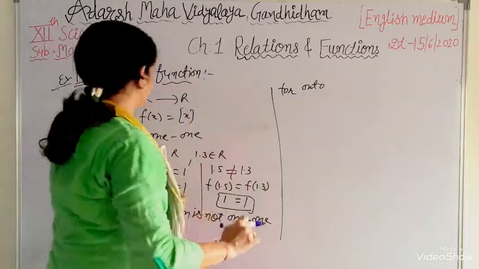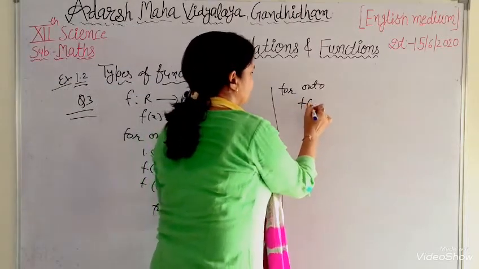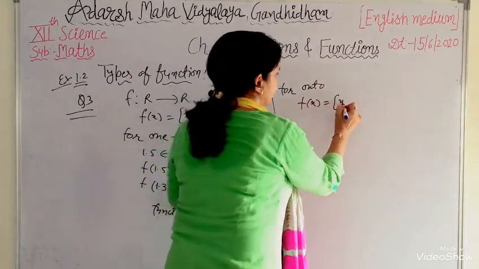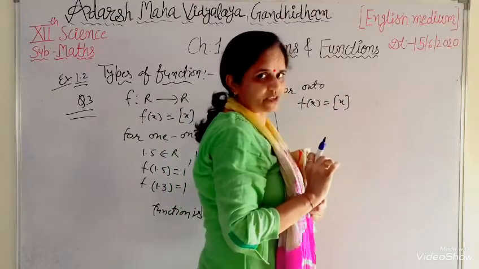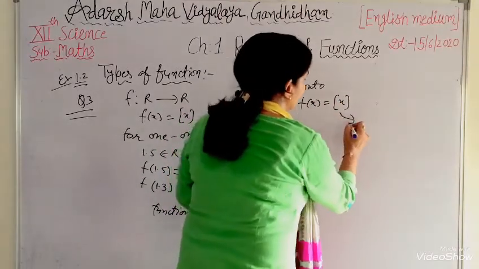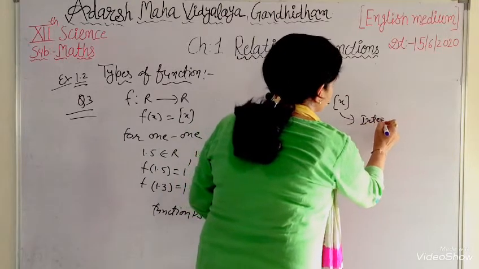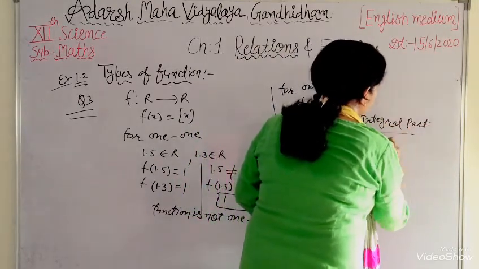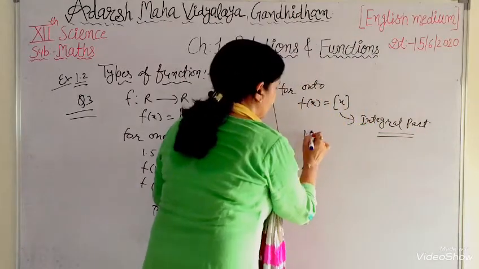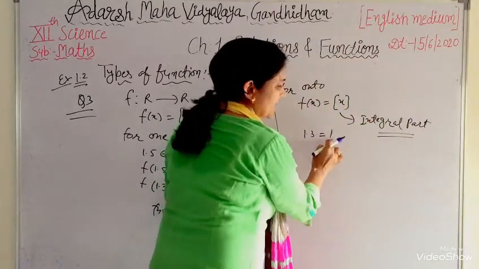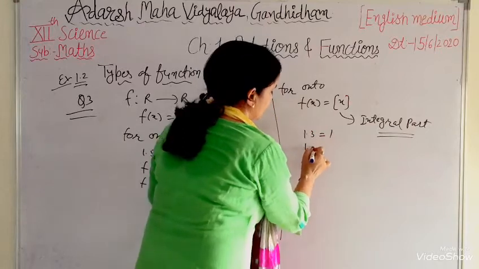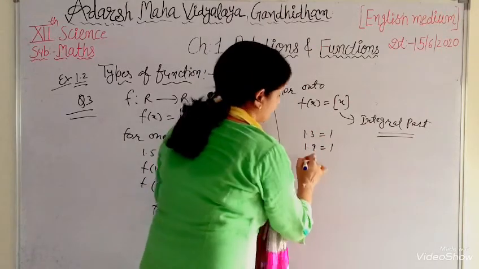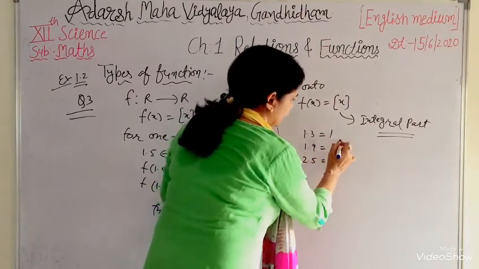For onto, here f(x) is the greatest integer function, so it always gives the integral part of a number. The integral part of 1.3 is 1, of 1.9 is 1, and of 2.5 is 2.